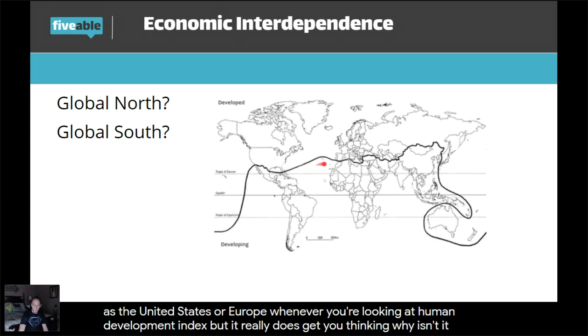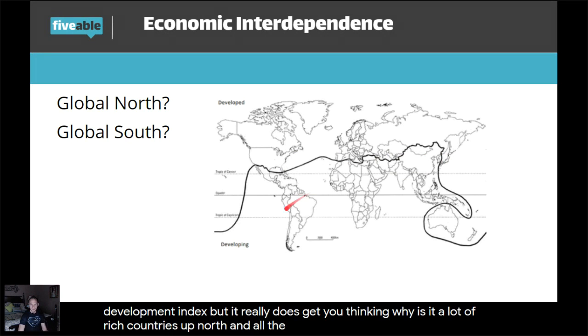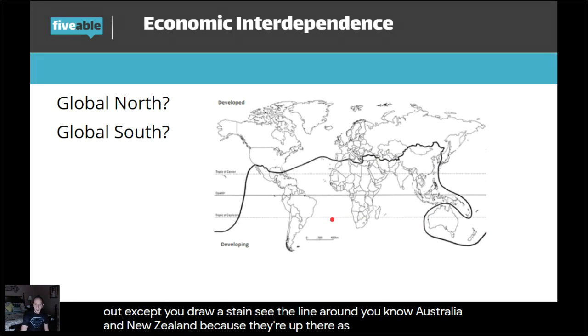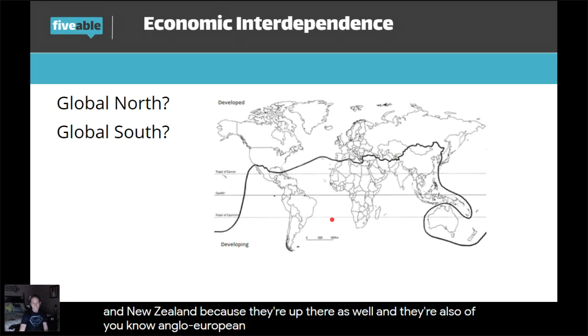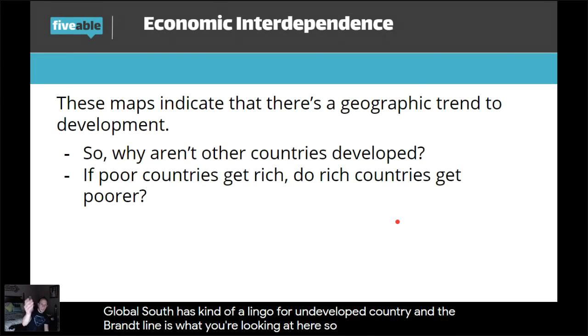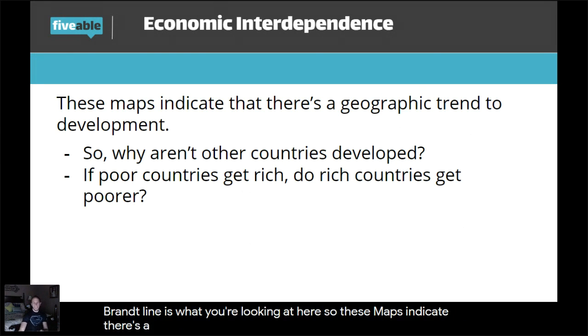Why is it all the rich countries up north and all the poorer countries are down in the south, except you draw a fancy little line around Australia and New Zealand because they're up there as well, and they're also of Anglo-European descent. So the idea here is that when you talk about global north, you're looking at your developed countries. Global south is kind of a lingo for an undeveloped country. And the Brandt line is what you're looking at here. So these maps indicate there is a geographic trend to development.